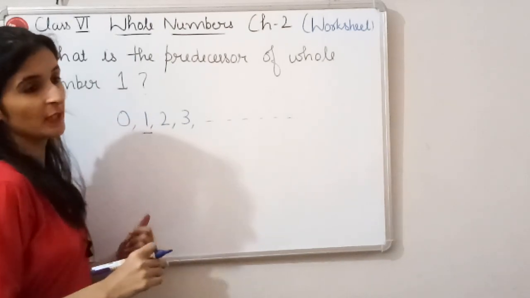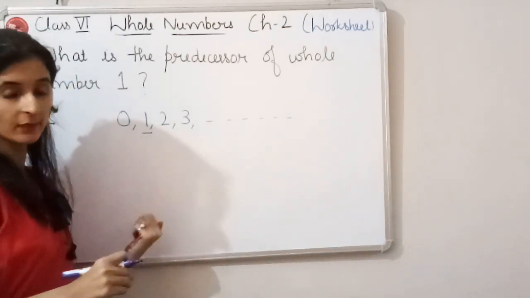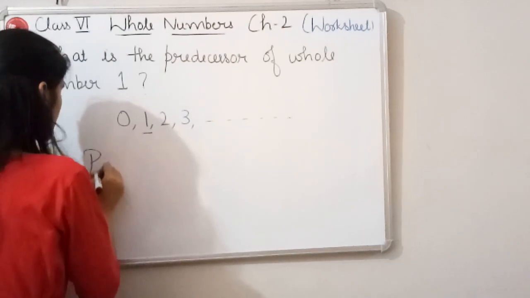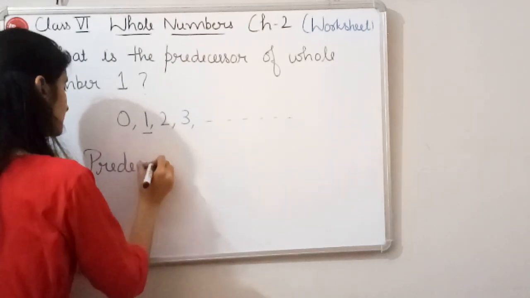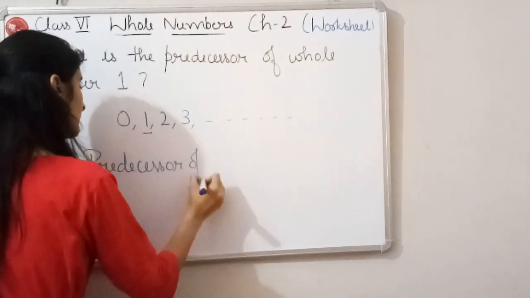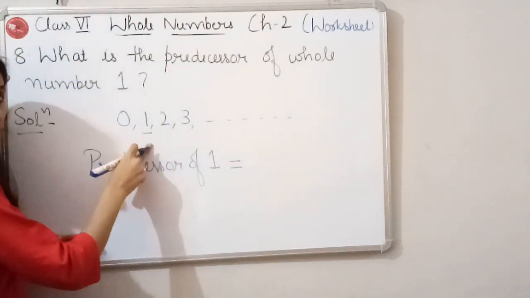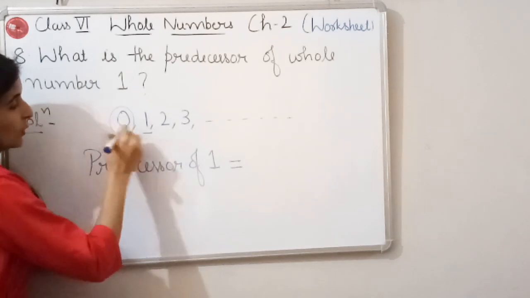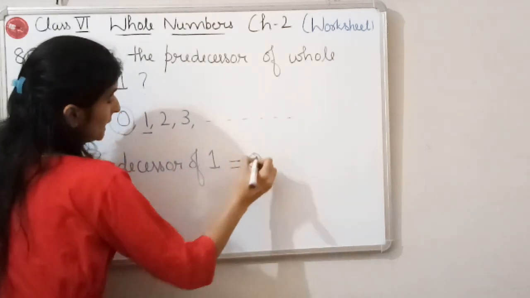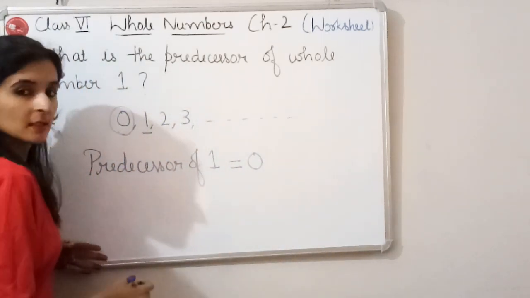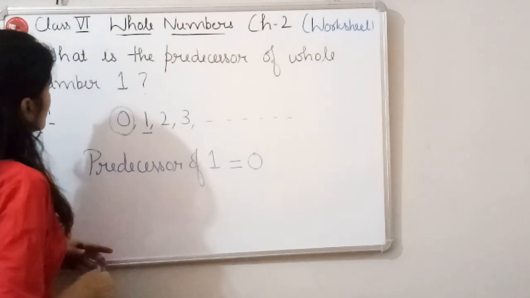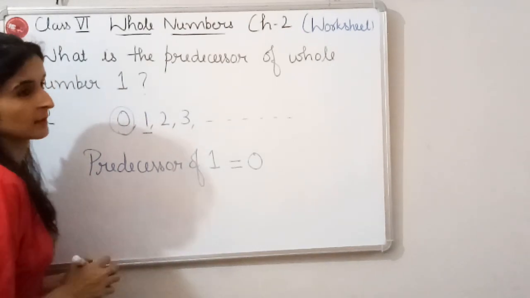Predecessor means the number which comes just before the given number. So predecessor of 1, which number is coming just before 1 here? 0. So predecessor of 1 in the collection of whole numbers will be 0. So that is the solution of question number 8.